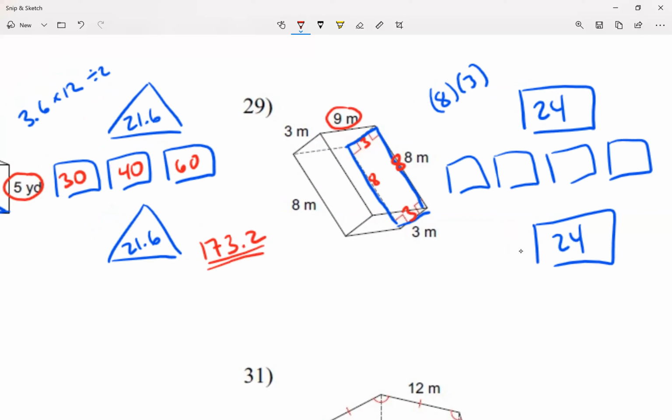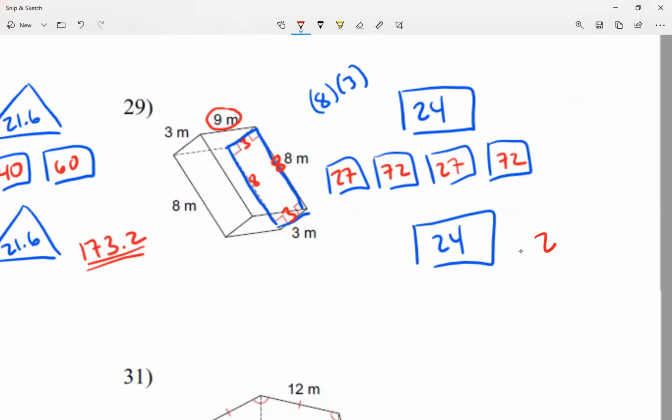I'm going to go 9 times each of those numbers. So 9 times 3, 9 times 8, 9 times 3, and 9 times 8. Now, add everything. And I get 246.